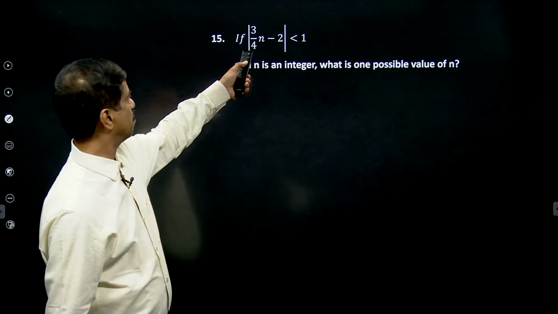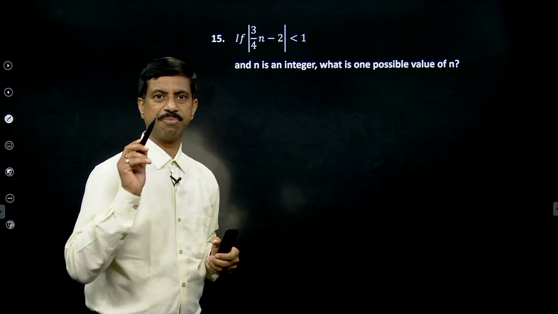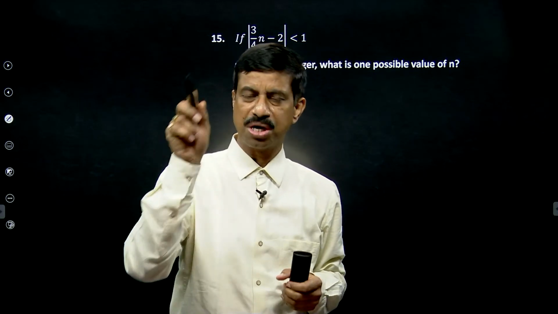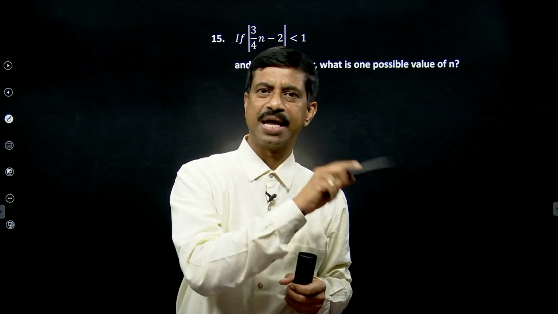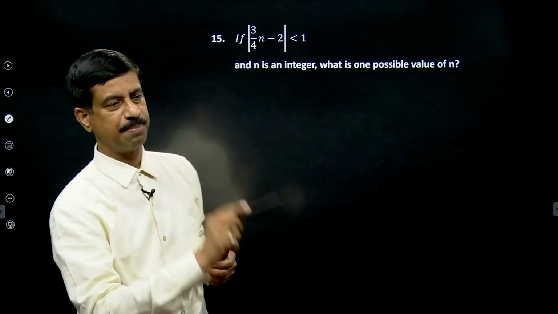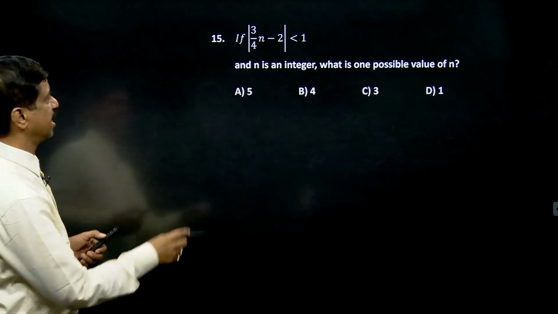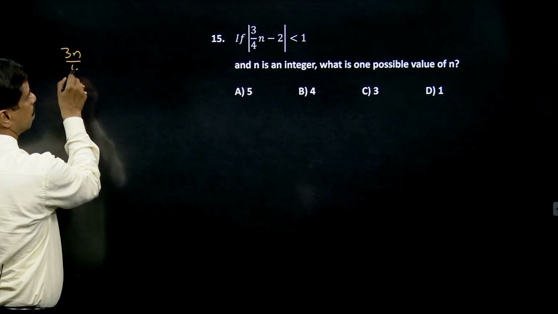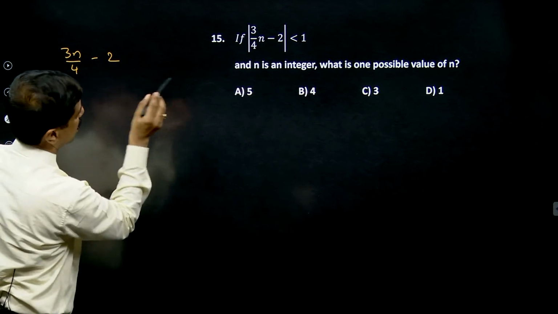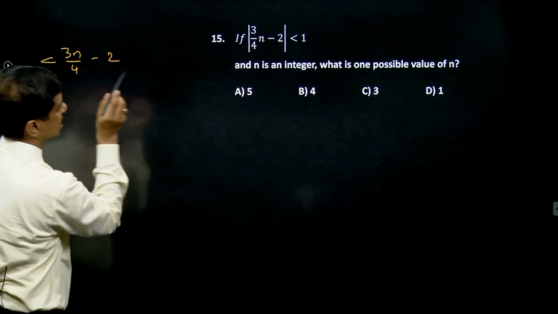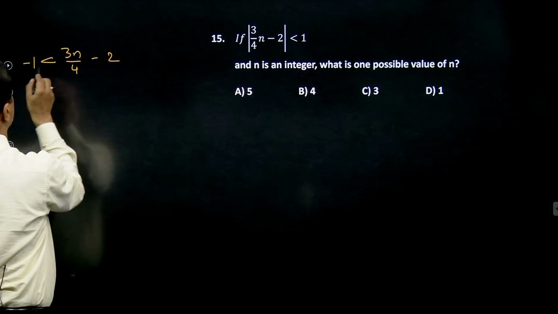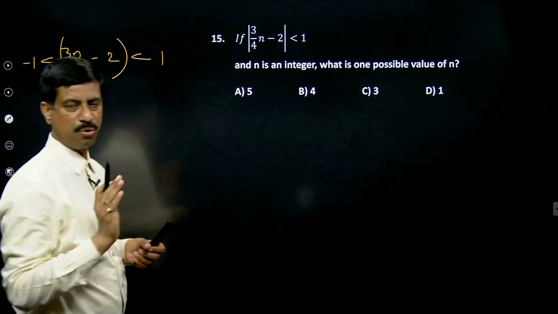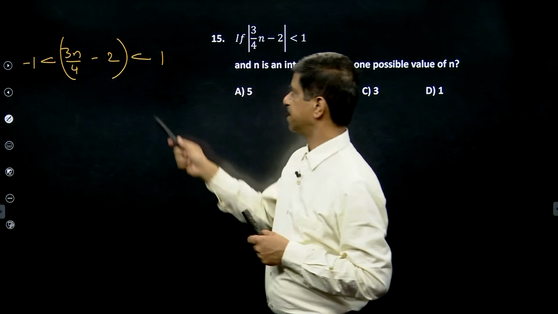So look at this, mod of this is less than 1. Whenever mod of something is less than some a, then if you remove the modulus, you will write greater than minus a and lesser than plus a. So if that is the case, he is asking to find the values of n. 3n by 4 minus 2, I have removed the modulus, so it is greater than minus 1 and lesser than 1. Now, what should I do? I should eliminate minus 2.